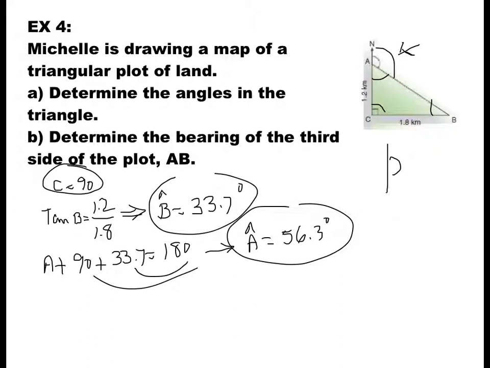So I can say this angle is 180 minus 56.3, which is equal to how much? 123.7. Thank you. So the angle is 123.7.